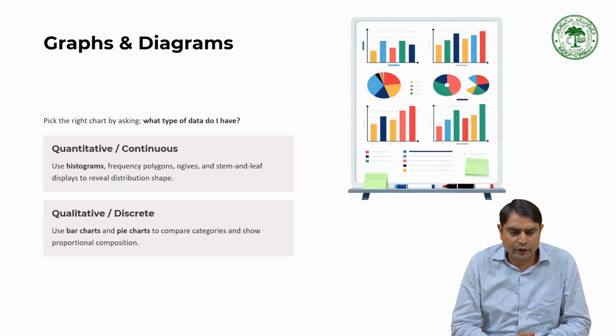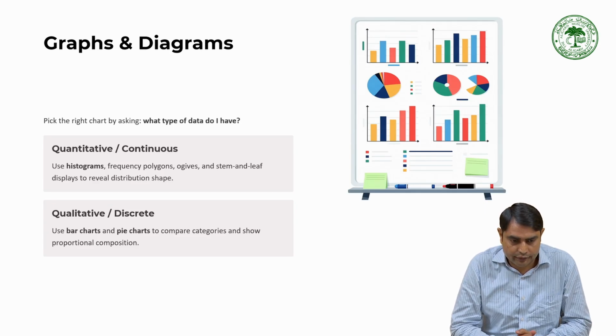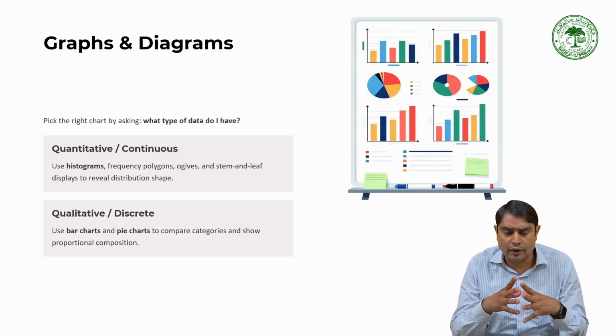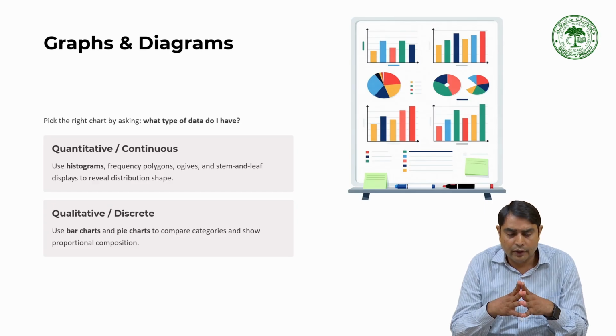So what is the difference between graphs and diagrams, and how to choose between the two? It depends on what type of data I have. For quantitative or continuous data, use histogram, frequency polygon, ogive, stem and leaf. Where distribution shape is important, you can use the histogram, right?